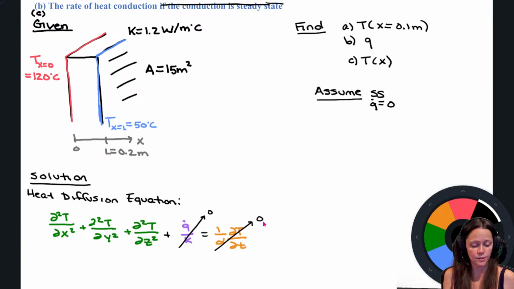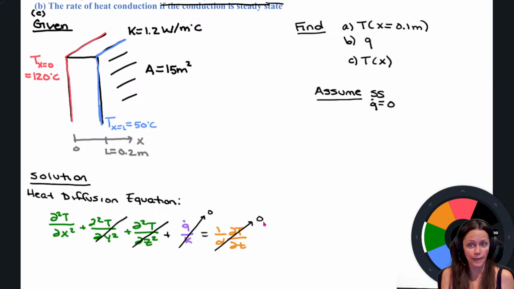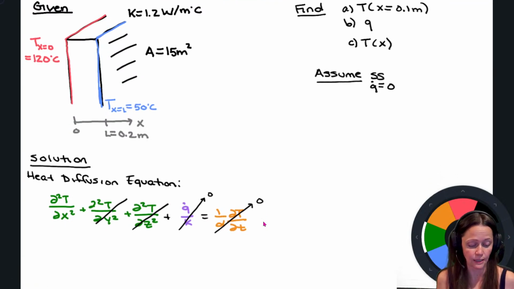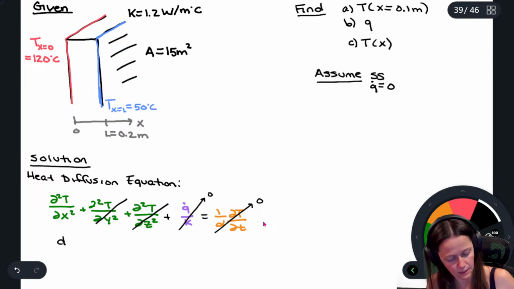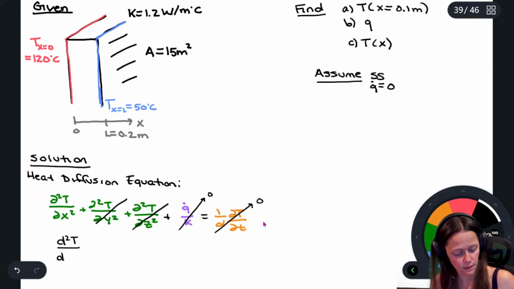And then I don't really have a temperature gradient defined in the y or the z direction, so I'll ignore those two as well. So I've only got that one term, and since temperature is only dependent on the x direction, I can get rid of the partial derivative and just make this the second derivative of temperature with respect to x.